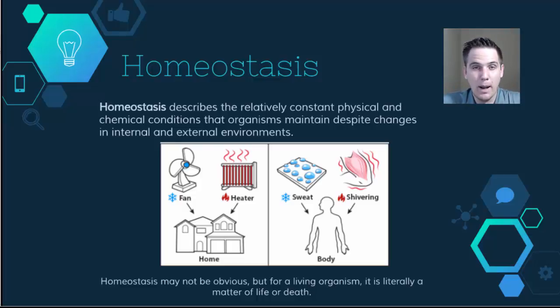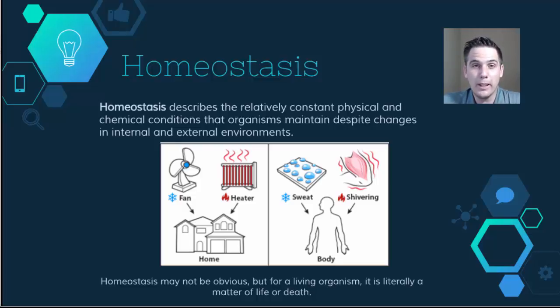Because without that balance, your organs, your heart, your central nervous system, your brain, all these interconnected things, some of them would start to fall apart. And if those things start to fall apart, other things start to fall apart, and you can die. That is why homeostasis and maintaining balance between all these complex processes happening inside your body is so important.